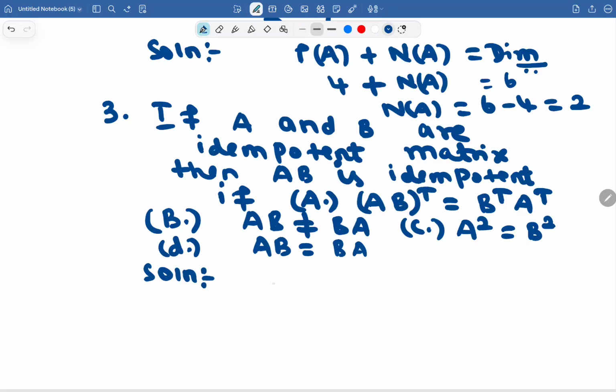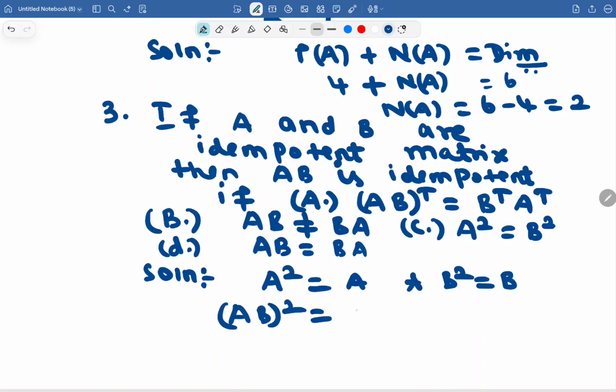Solution: by definition of idempotent, A square equal to A and B square equal to B. To prove AB idempotent, AB whole square must be equal to AB. What is AB square?